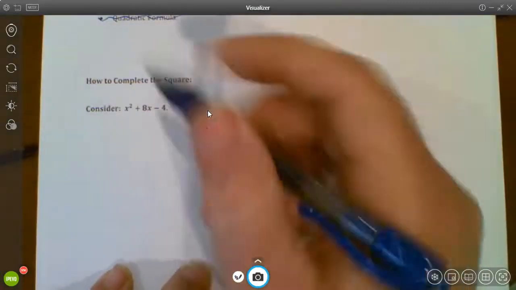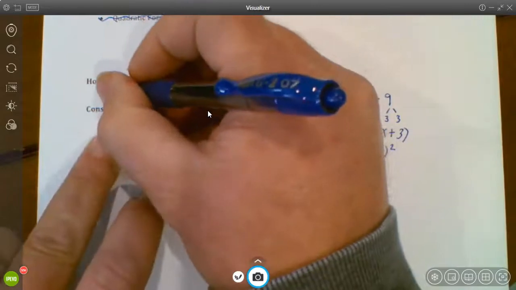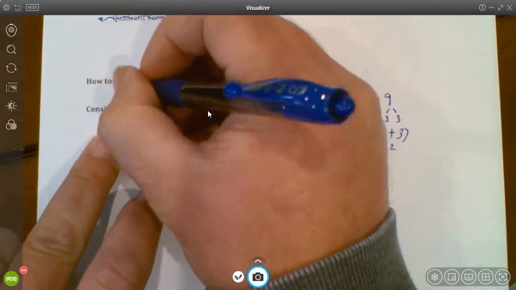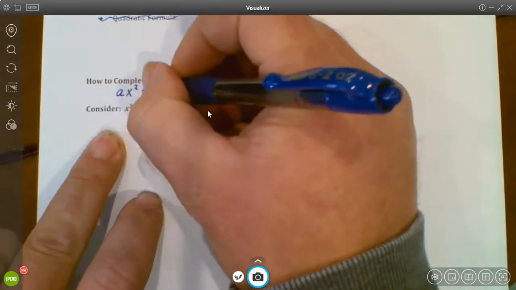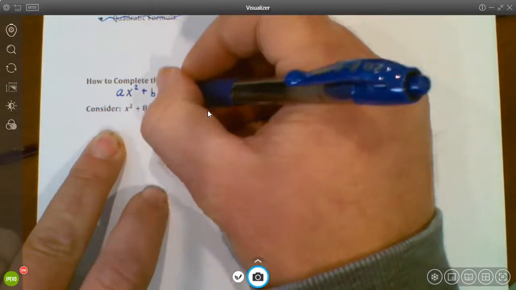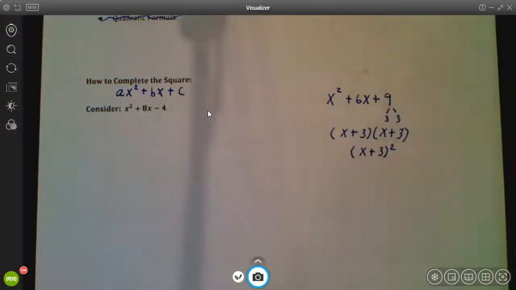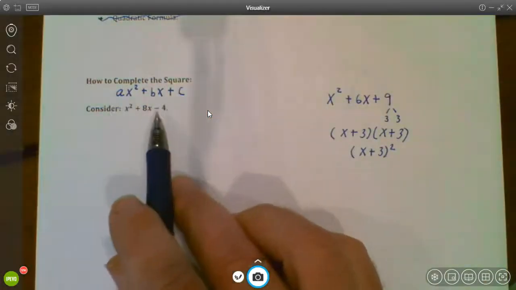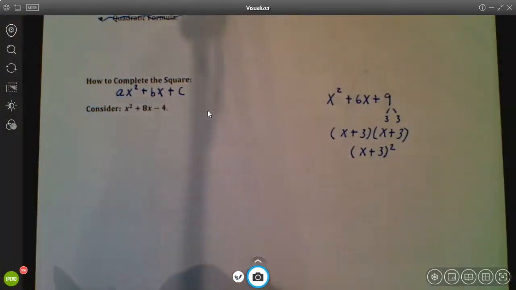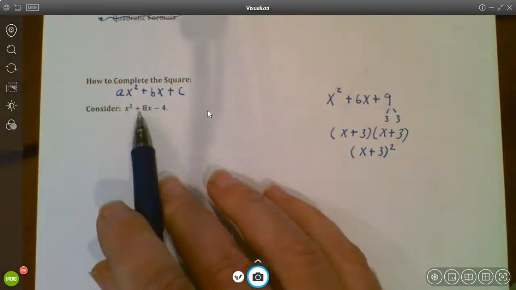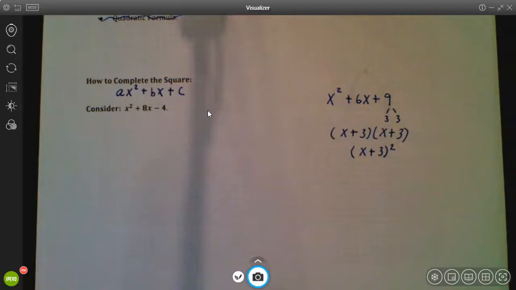The format you're seeing here is something x squared plus something x plus a constant. This is more what we might call standard form of a quadratic. We want vertex form. So our goal is to take it out of this form and get it looking more like it did in lesson 1 so that I can graph it.